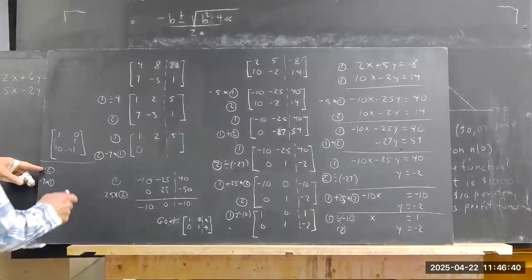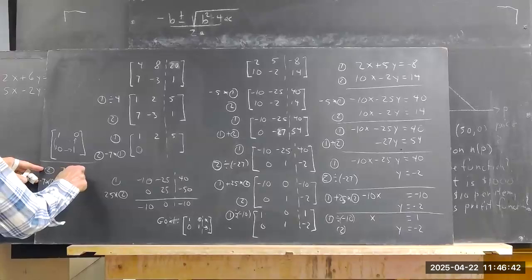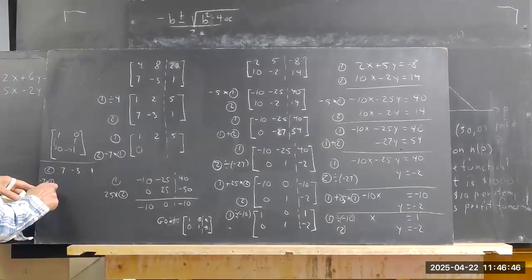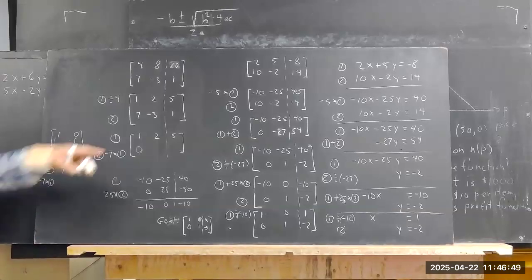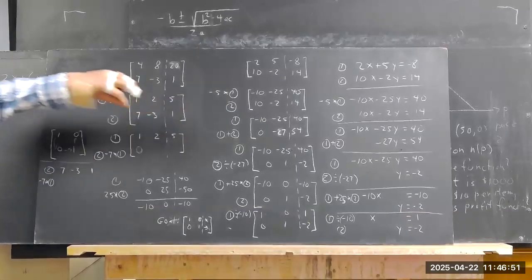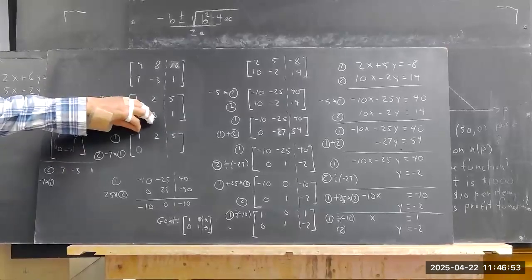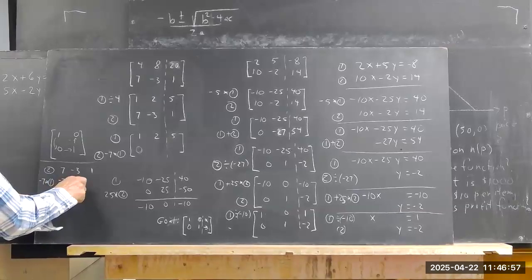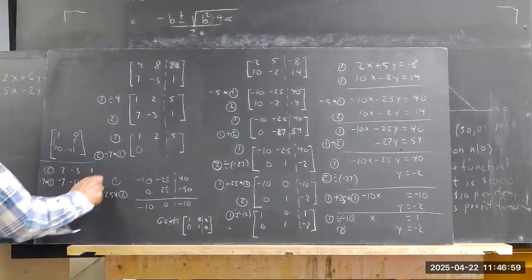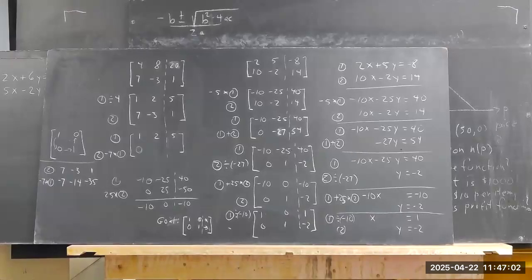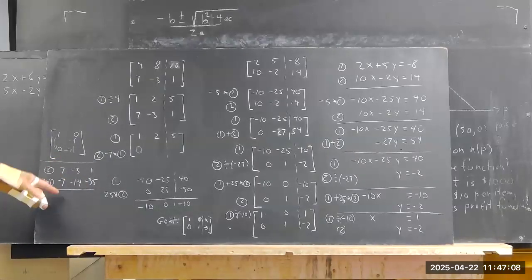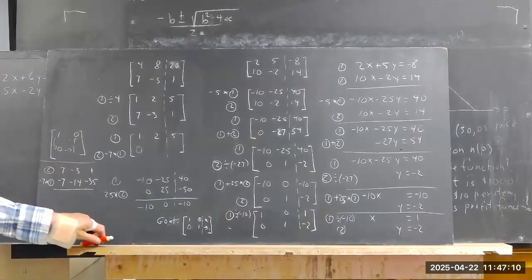We're going to write out row two, which is 7, negative 3, 1. We're going to write out negative 7 times row one. Well, here's row one, 1, 2, 5. If we multiply everything by negative 7, we're going to get negative 7, negative 14, negative 35. And then we're going to put these two together. What do you get if you have these two rows now?